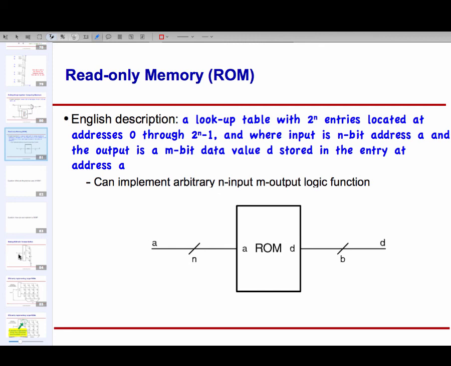I just create a fixed array in which I can index, and it will return me whatever is in that location. In programming languages, this would be called a constant array, where I have 2 to the power n locations in the array, and each location is a b-bit number.